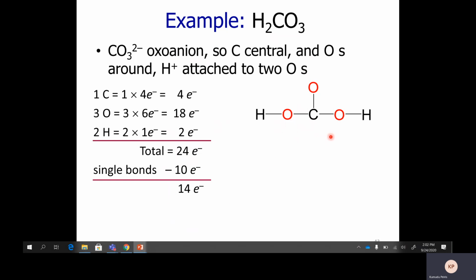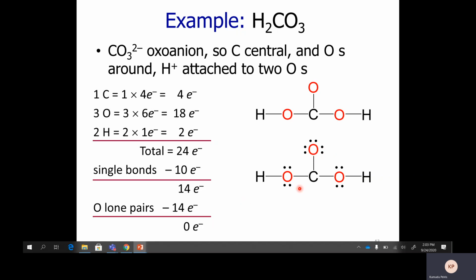Next, we'll complete the octets for these oxygens. So we add 2 lone pairs to the oxygens which are connected to the hydrogen, and we add 3 lone pairs to this single oxygen.